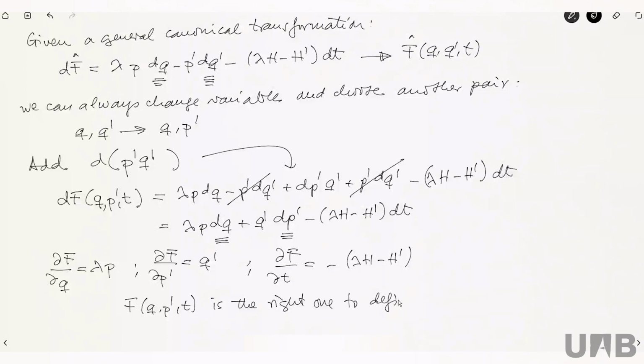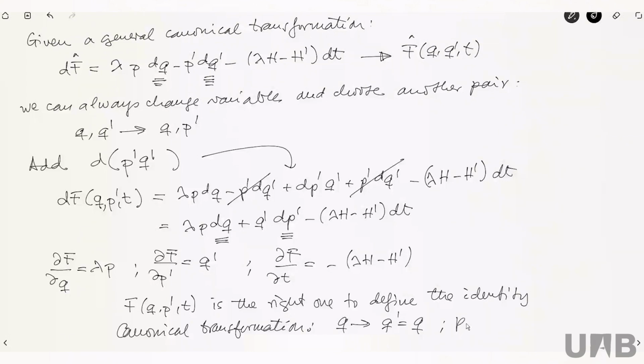to define the identity canonical transformation. And what is the identity canonical transformation? It is the transformation that goes from q to q prime, which is the same q, and p goes to p prime, which is the same p.